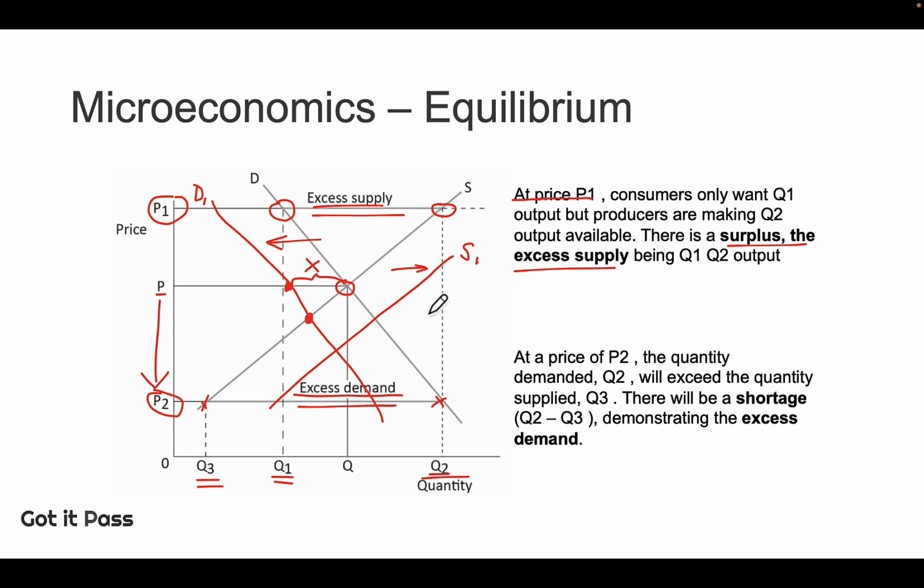Then the new equilibrium price is no longer at P. It shifts to this PS, or P new S here. This PS is the new equilibrium based on the same demand curve.